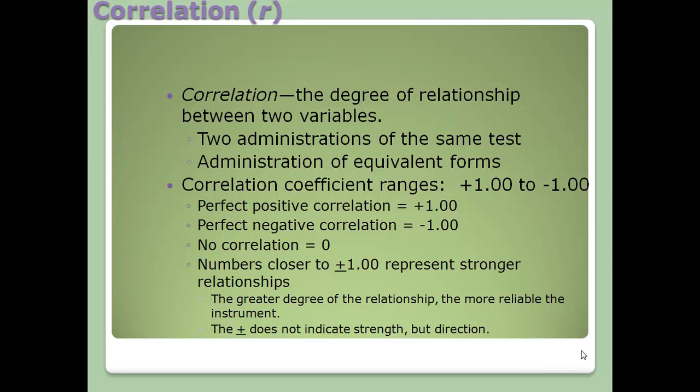Now remember, the greater the degree of relationship, the more reliable the instrument. However, positive or negative does not indicate strength so much as it indicates directionality of the relationship. It's getting higher, you're getting higher scores.